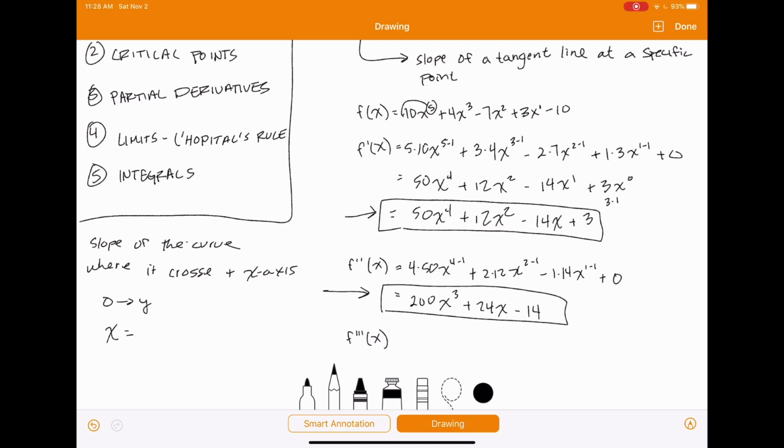All right, so I'm just going to go ahead and do that really fast. And you're going to get x equals 1.